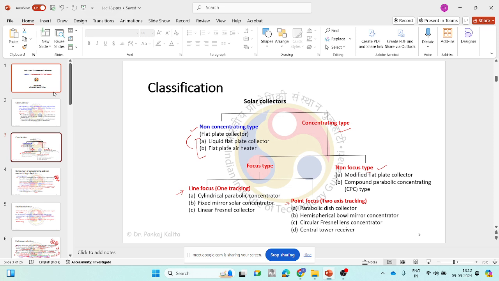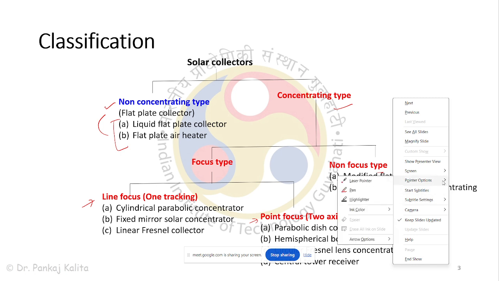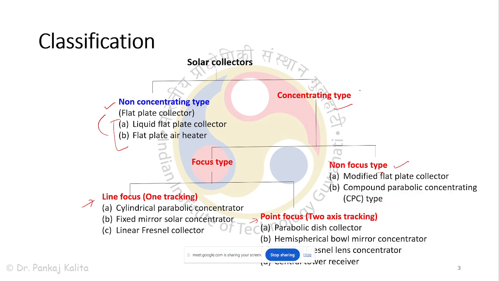Concentrating type are basically where the incoming solar radiation is concentrated at some point or at a line focus.